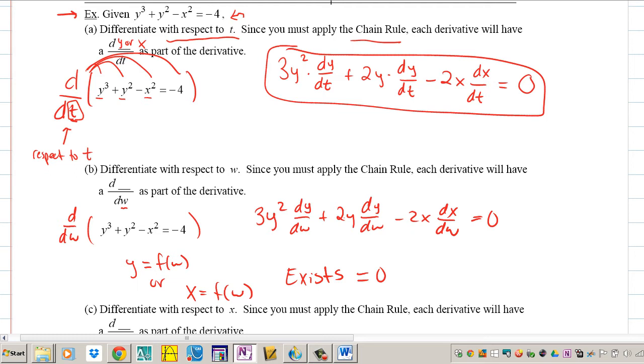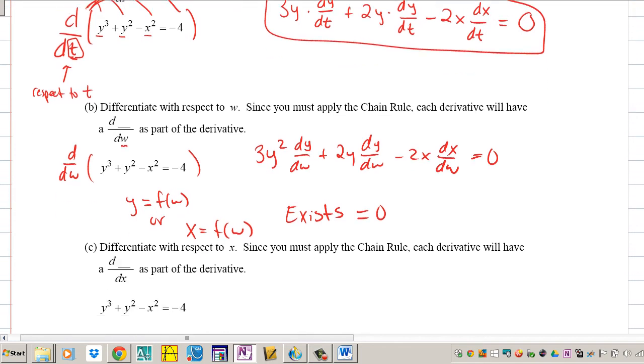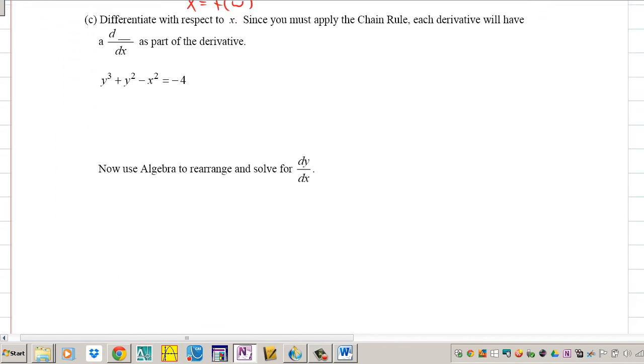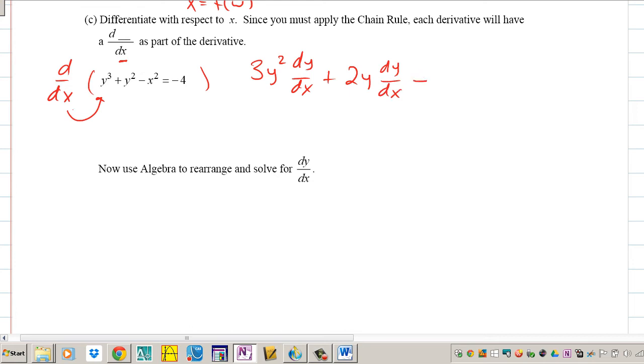We're going to see more examples, something that's called related rates. The last part, taking the derivative with respect to x now, that is going to be 3y squared dy/dx plus 2y dy/dx minus, let me go ahead and break this one up over here.